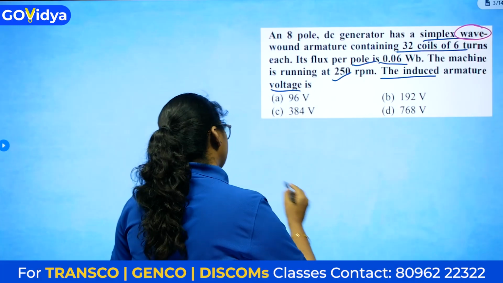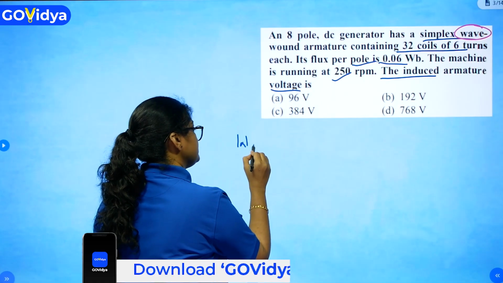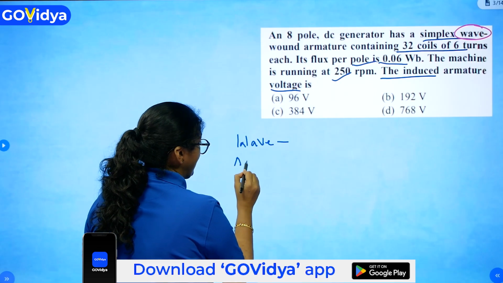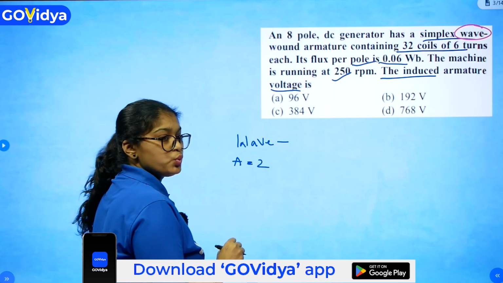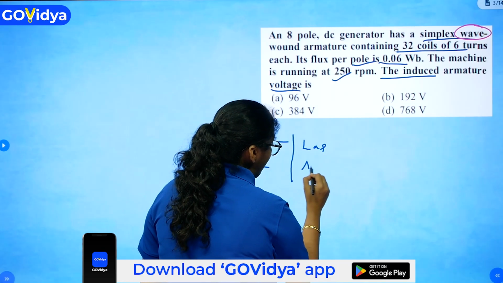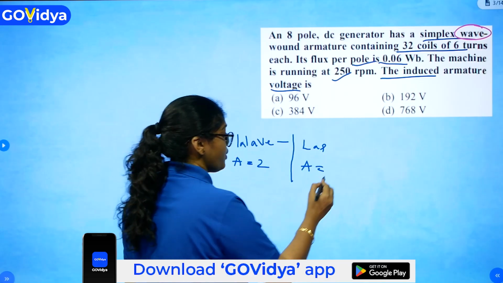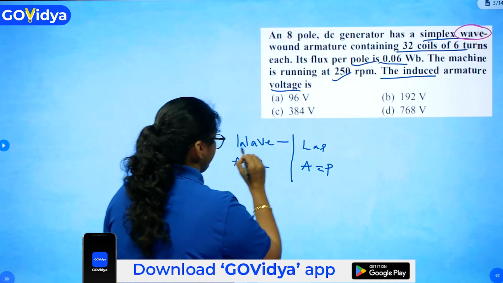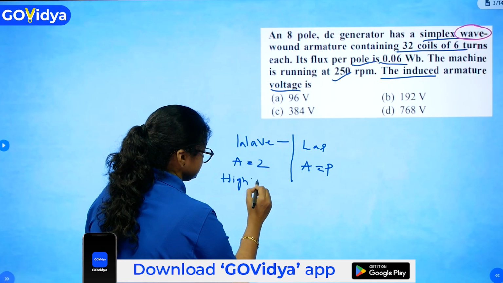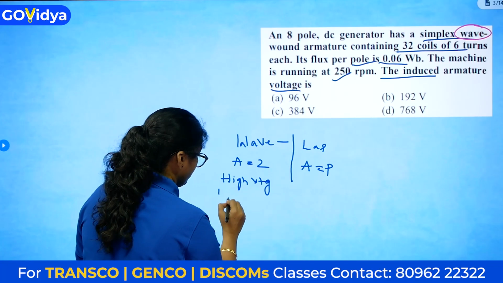Coming to the wave winding, we'll learn some of the basics. In wave winding, the number of parallel paths will always be 2. Clear? For the lap winding, the number of parallel paths will be equal to the number of poles. Wave winding is used for high voltage, low current.